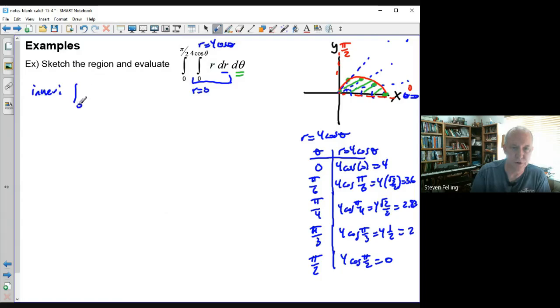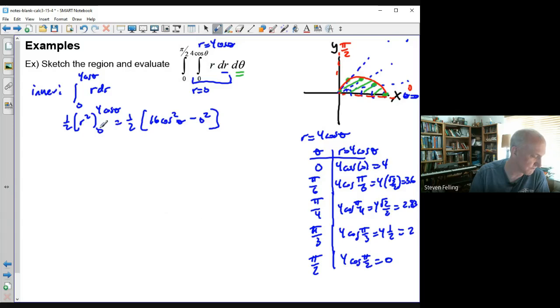This is going to be the integral from 0 to 4 cosine theta of r dr, which will be 1/2 r squared from 0 to 4 cosine theta, right? Which is going to be 1/2. We're going to get 16 cosine squared minus 0 squared, right? When I plug in these expressions for r. So this is going to end up being 8 cosine squared theta.